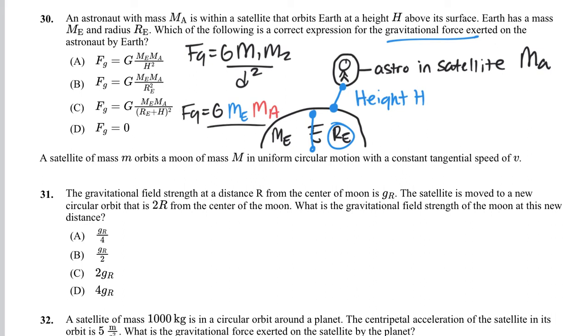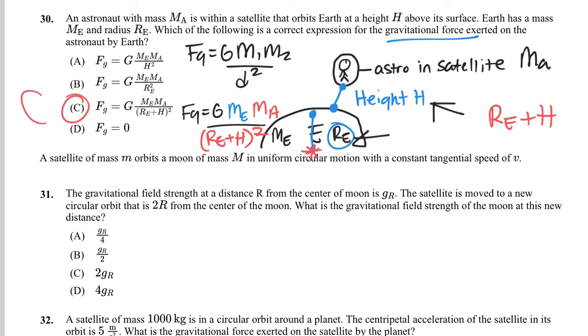So we're not going to use just r_e. We're going to use r_e plus h, because as you can see, the distance from the center of the Earth to the astronaut is going to be r_e plus h. So on the bottom, we're going to say (r_e plus h). It's not just going to be r, and we're going to square that. So then your answer shall be C.